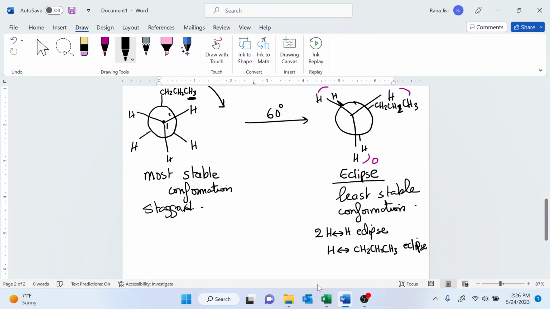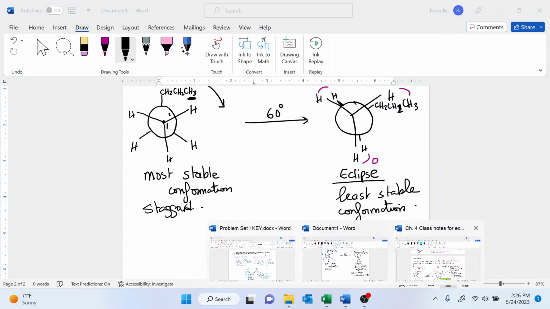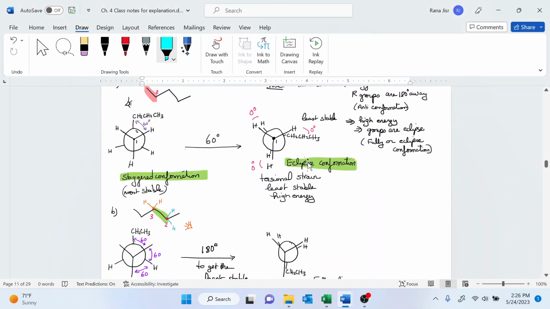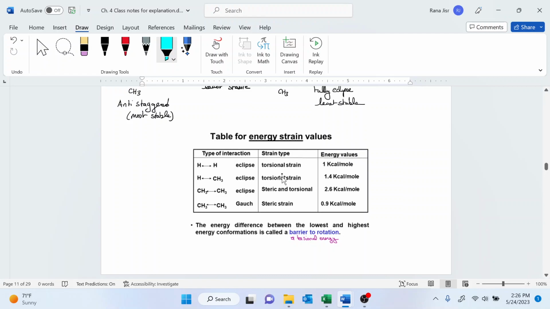If I go ahead and look at the notes, there's a special energy table in here. It's called the energy strain table. It gives you the values in kilocalories per mole. There is another table in kilojoules per mole, but we're going to use the kilocalories per mole. Whenever hydrogens are eclipsing each other, this is the type of interaction.